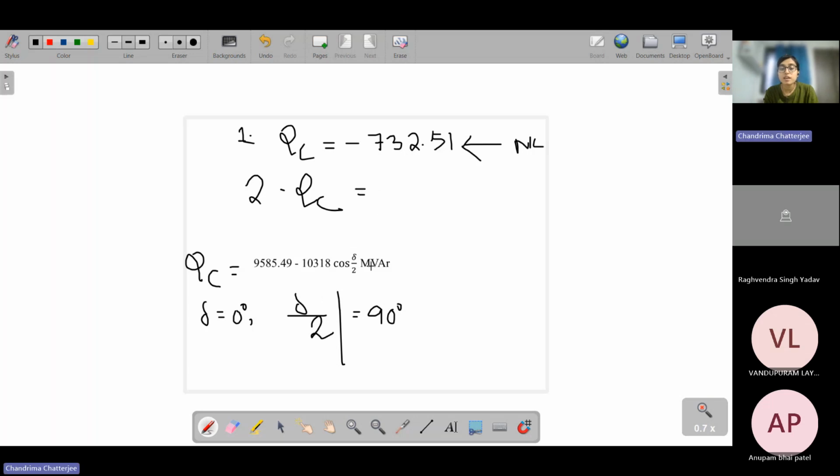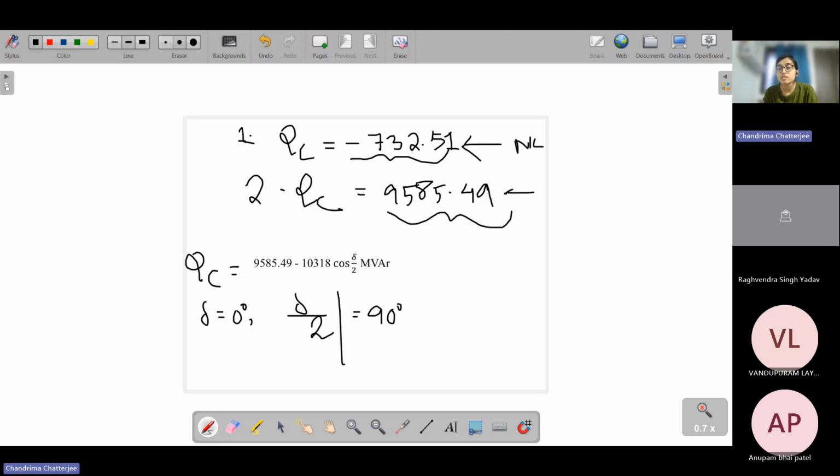Then this part becomes 0. This is 9585.49. As you can see very clearly, the first is negative, because at this point the compensator needs to absorb the reactive power. That's why this is negative. But here the compensator needs to provide the reactive power.